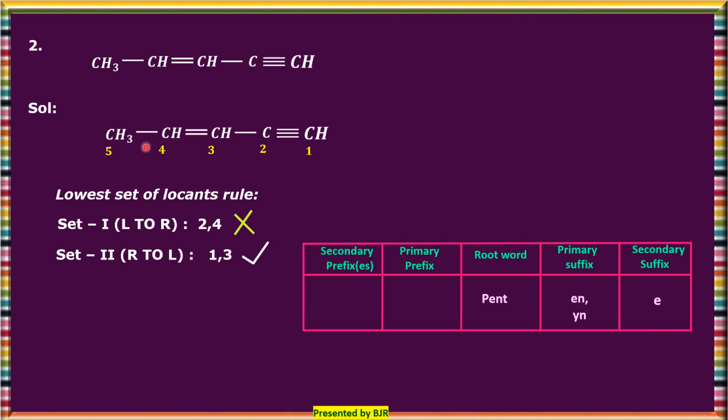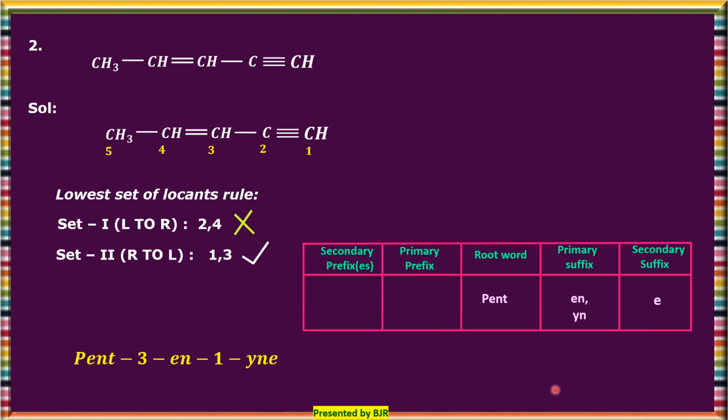There aren't any other functional groups. At that time, the secondary suffix is only e. Primary prefix won't come here; the primary prefix will come only for cyclic compounds. And there aren't any secondary prefixes.